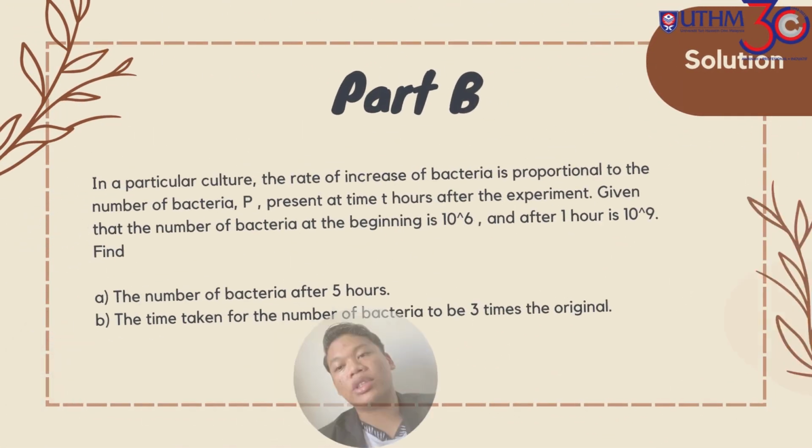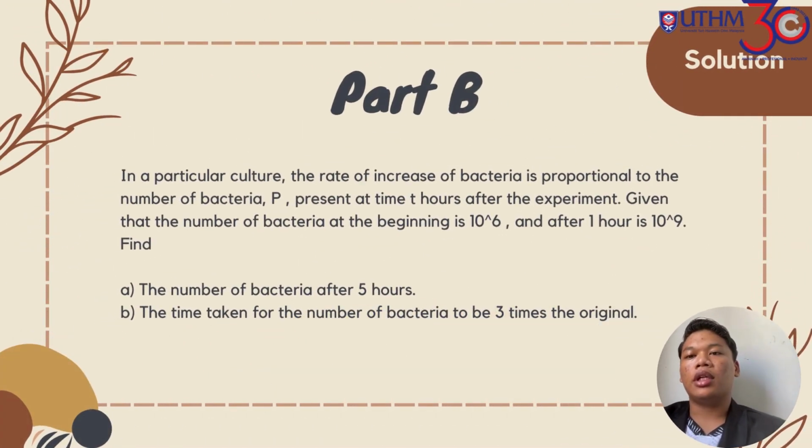So we see the question of part B. In a particular culture, the rate of increase of bacteria is proportional to the number of bacteria, P. So we say the number of bacteria P is equal to principal, present at time T hours after the experiment.